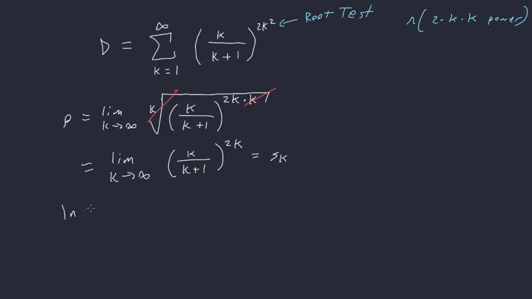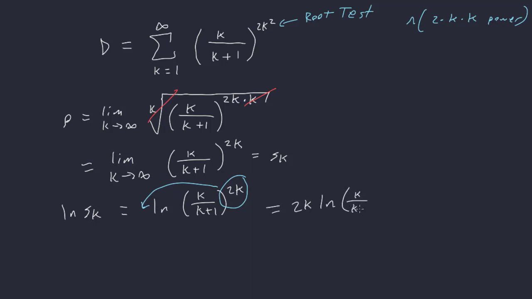I'm going to take the natural log of S sub k, which would be the natural log of k over k plus 1 raised to the 2k. And we do that because we can move this down, and get that this is equal to 2k times the natural log of k over k plus 1.